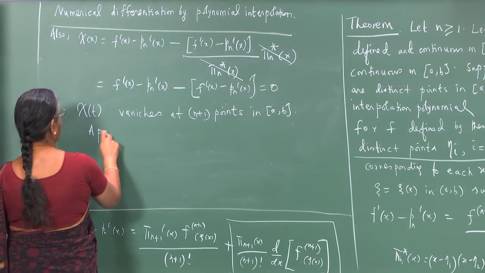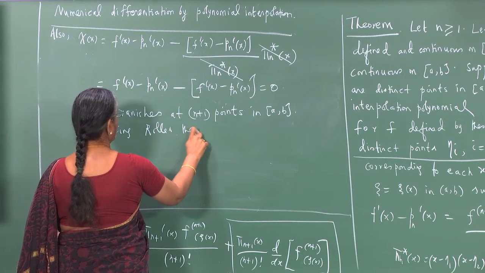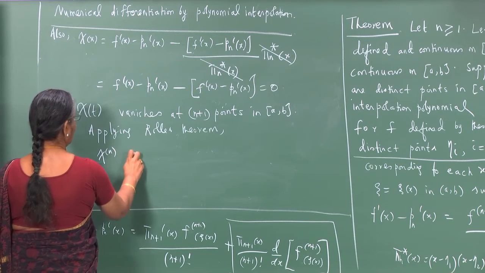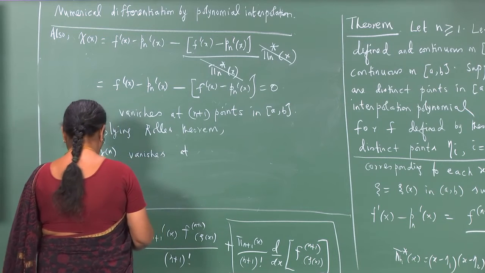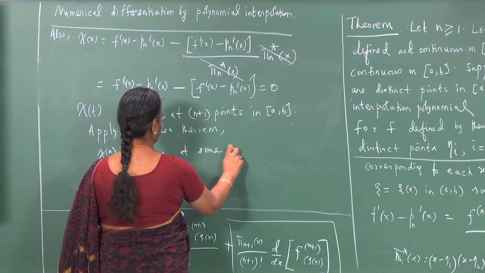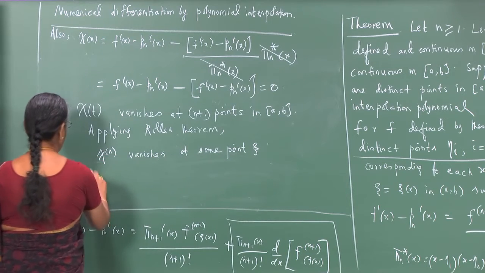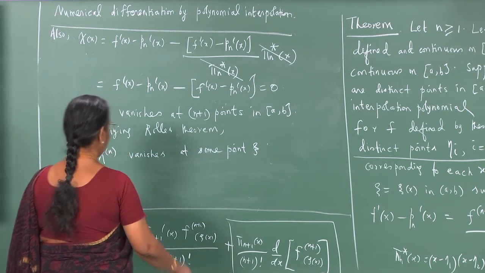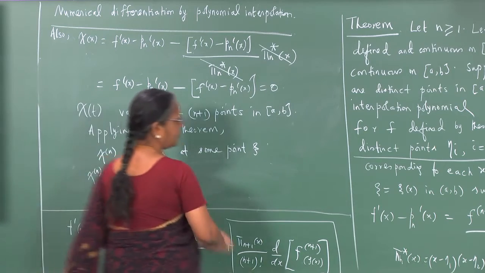Applying Rolle's theorem, we will have the nth derivative of chi vanishes at some point, say psi, and therefore, we compute the nth derivative. The nth derivative of chi will be the n plus 1th derivative at t, because I already have a first derivative here.